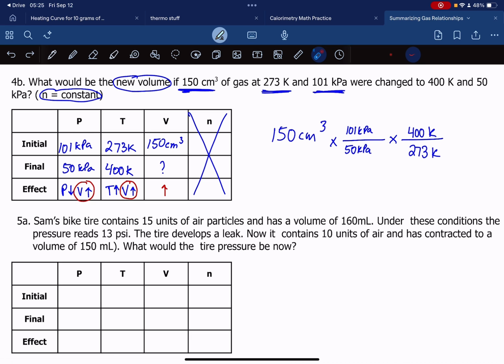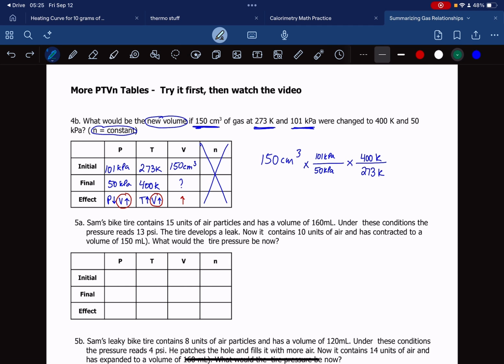What effect do we want it to have on the thing that we're solving for, right? And if it's going to make it go up, then I don't care if it's the initial or the final. Put the bigger number on top. Put that 101 on top. Put that 400 on top. And now we can run our calculation and we'll get the right answer. I don't have my calculator ready.